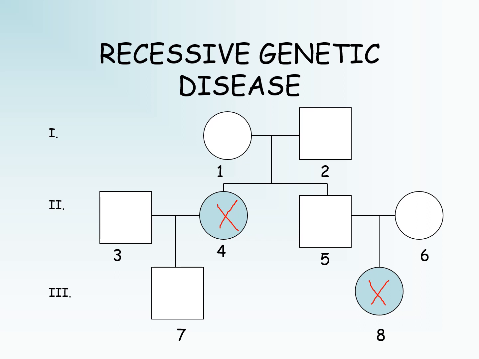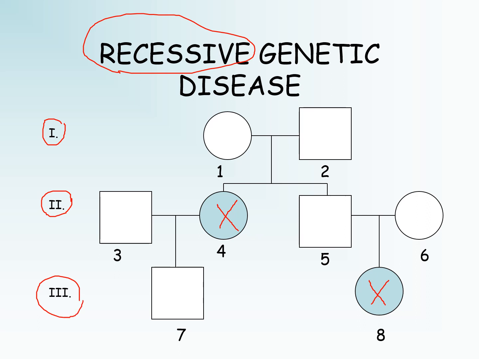Now I can see that it is a recessive genetic disease because often it's not going to appear in every generation. And with the recessive trait, it's a little tricky because you can have 1, both, or no parents show the trait, even if the children do. Again, there's 3 generations of folks in this pedigree. This is an example of a recessive genetic disease.